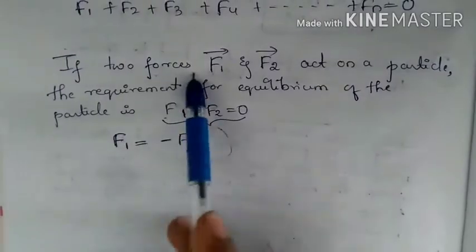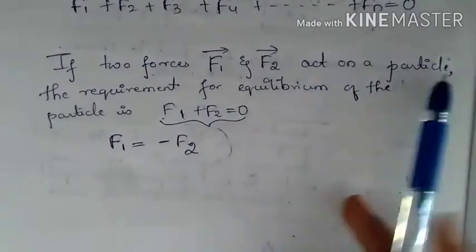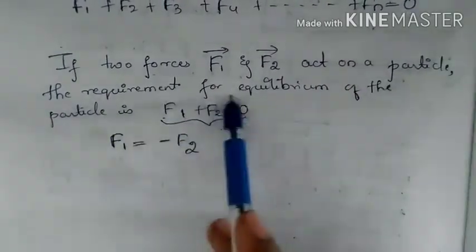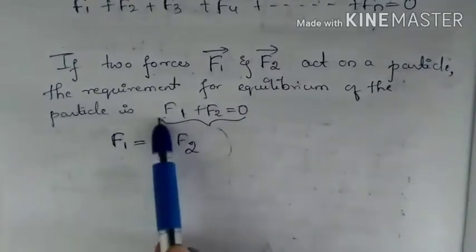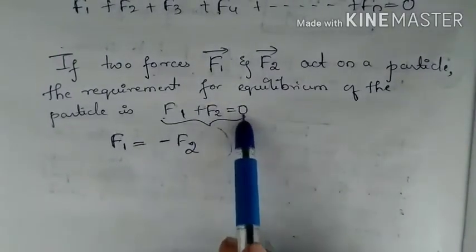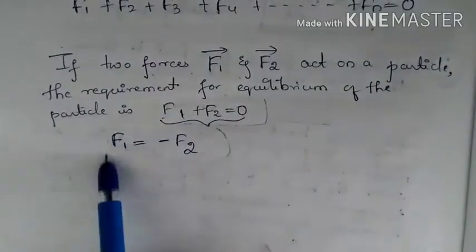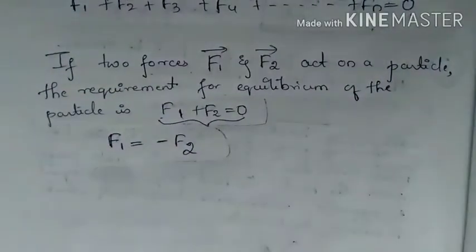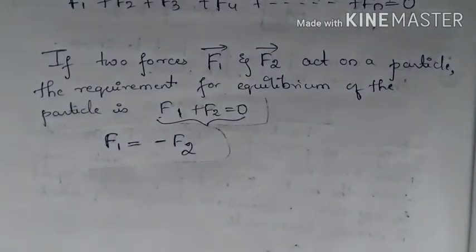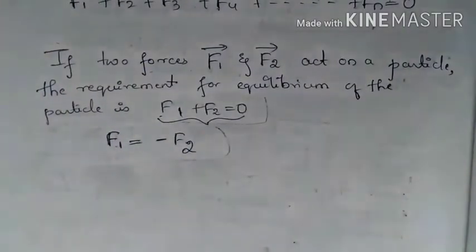So if two forces F1 and F2 act on a particle, the requirement for equilibrium of the particle is what? F1 plus F2 is equal to 0. If this is true, then I can write F1 is equal to minus F2. That means these two forces have the same magnitude but act in different directions.